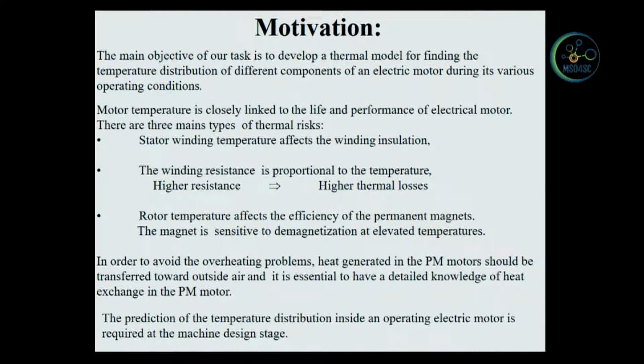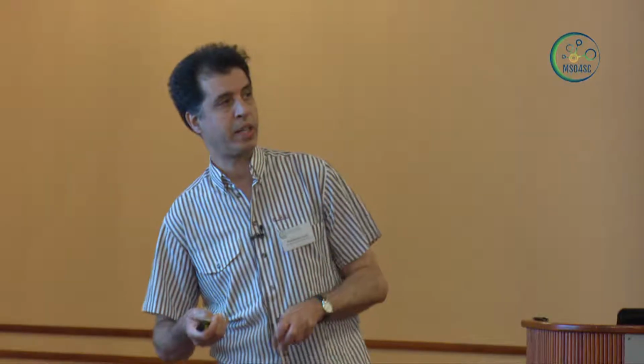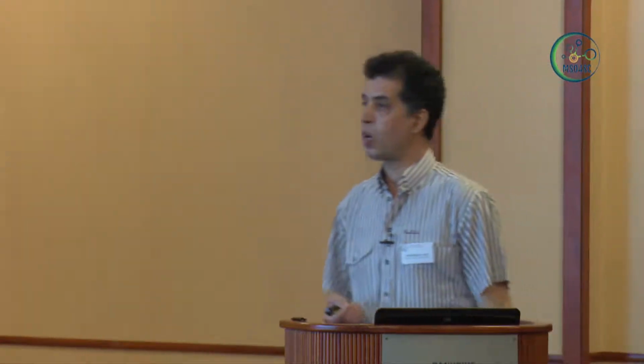There are three types of thermal risks. The first one, the stator winding temperature can affect the winding insulation. The second, the winding resistance is proportional to the temperature. That means that a higher resistance is equivalent to higher thermal losses.